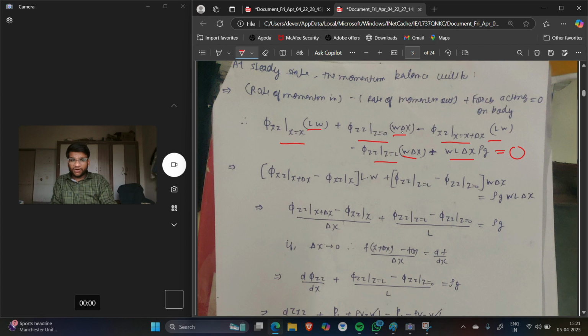So I will send all this to the right hand side and divide by W L delta x, and I will get this expression: phi xz at x plus delta x minus phi xz at x upon delta x. Sorry, this will be x.